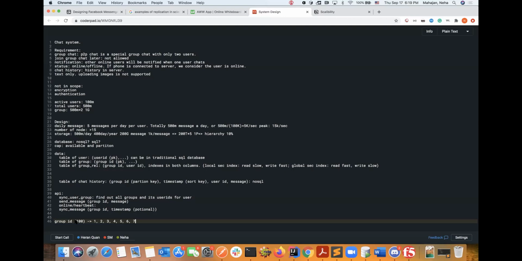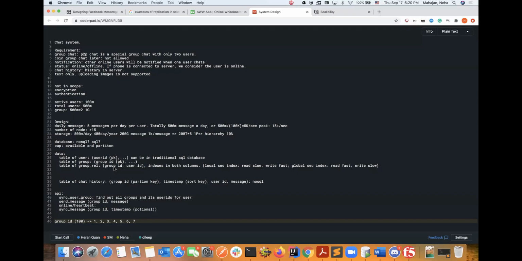I see the same thing here: user IDs are not that high, but there is variable nature, like maybe a group has only one user and another group has many users. This is one of the use cases for NoSQL, where your schema is not defined and you are still evolving it. NoSQL helps you because in a particular table, each row may have a different number of columns.